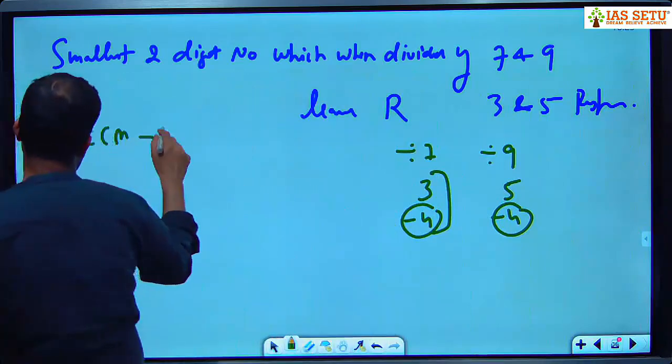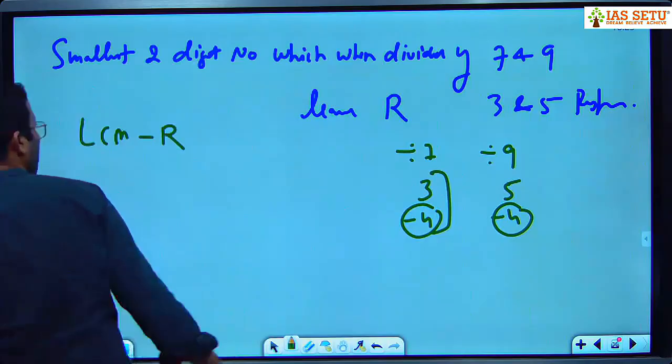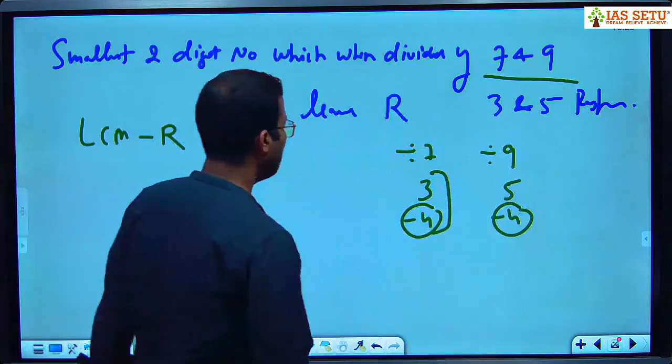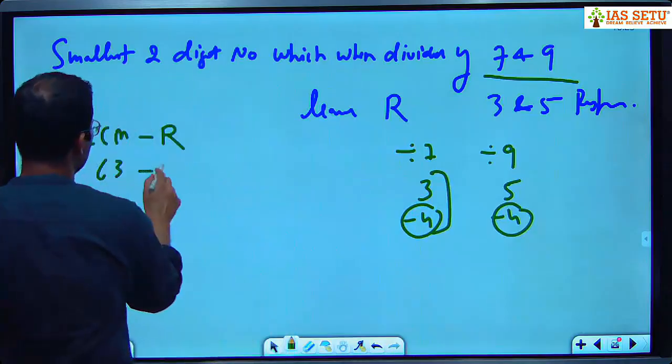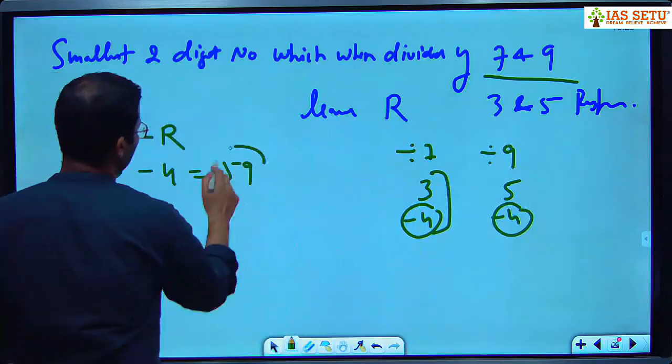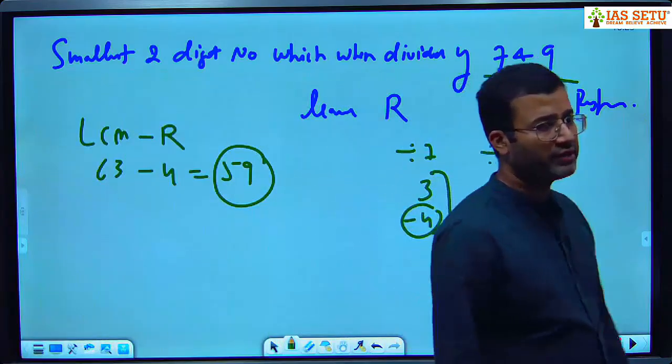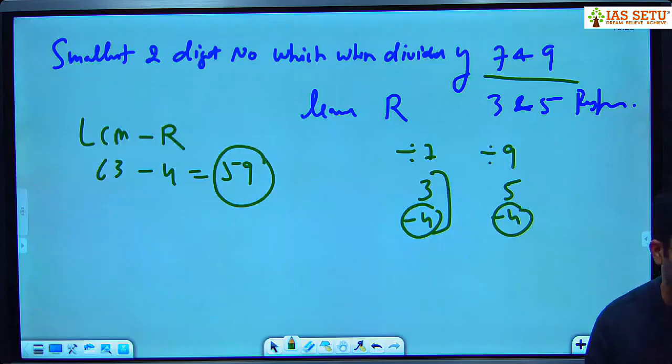LCM minus R. What is LCM of 7 and 9? 63. And what is negative remainder? 4. So your required answer is 59. So the smallest two-digit number which when divided by 7 and 9 leaves remainder 3 and 5 is 59.